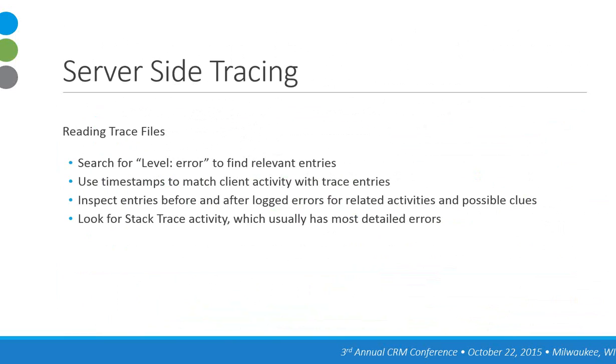And you want to use the timestamps on the left side to match the activity that you are trying to reproduce in CRM with your logs. Inspect the entries before and after any errors you may find as well for related activities or possible clues as to what may actually be causing the error. And you can look for stack trace activity, which usually has the most detailed error.